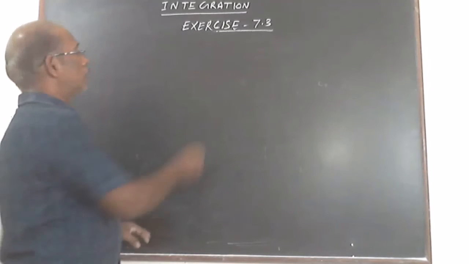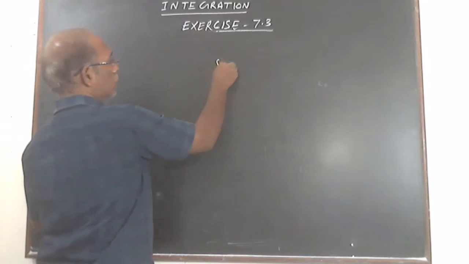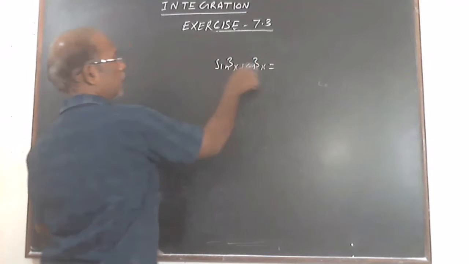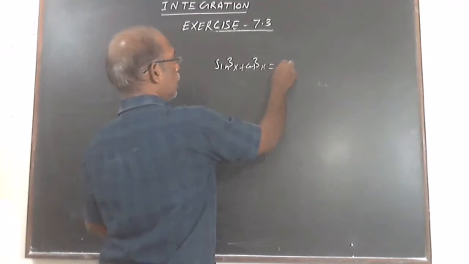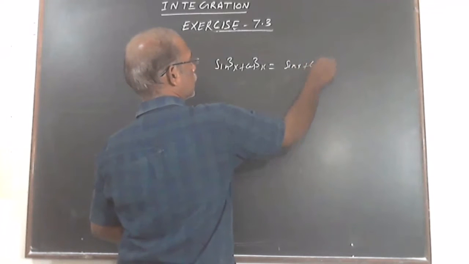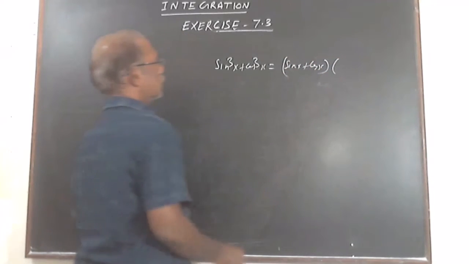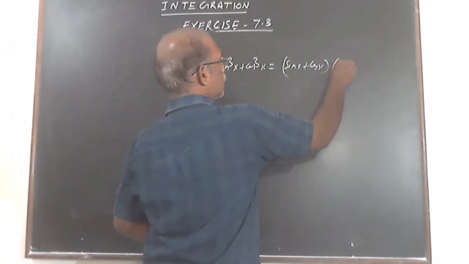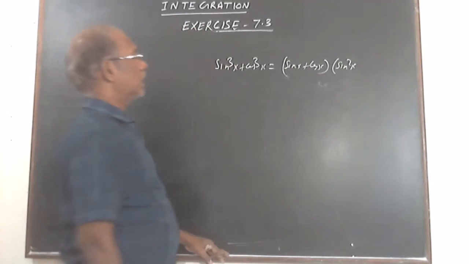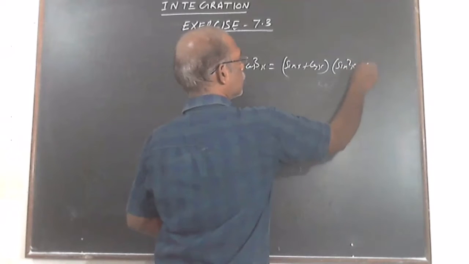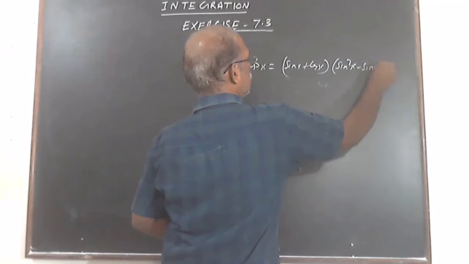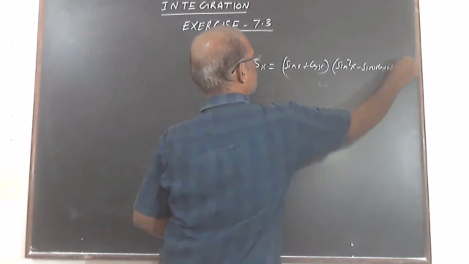The same question, sin cube x plus cos cube x, a cube plus b cube, is a plus b, that is sin x plus cos x, into a square plus b square minus ab, that is sin square x minus sin x cos x plus cos square x.